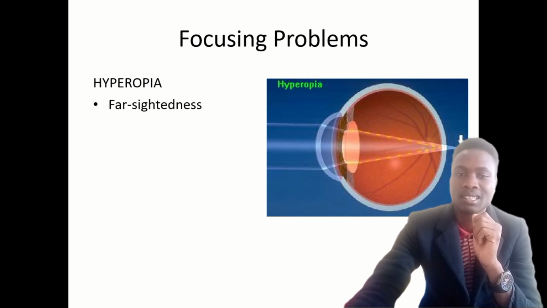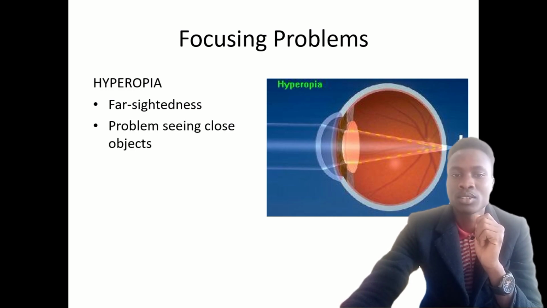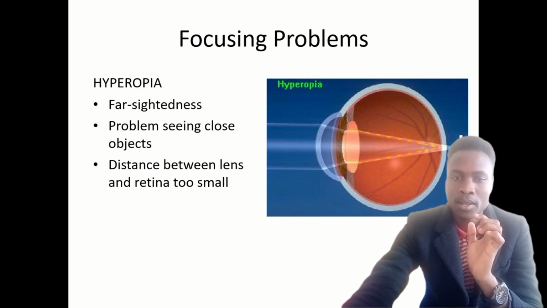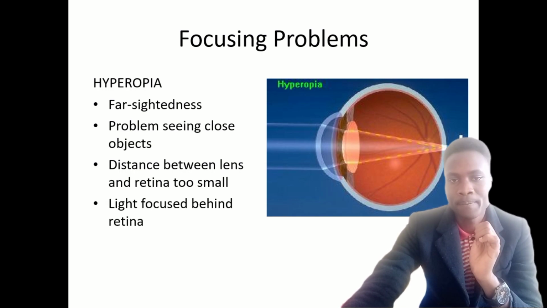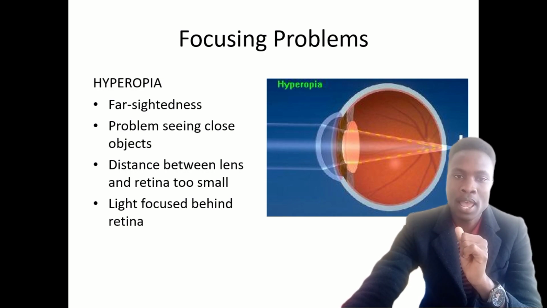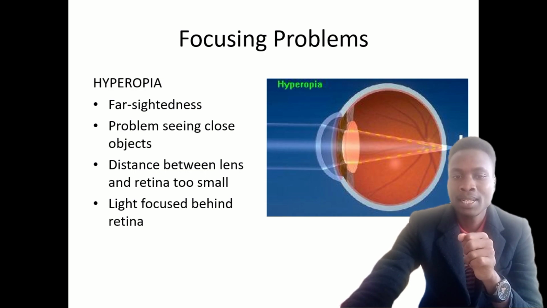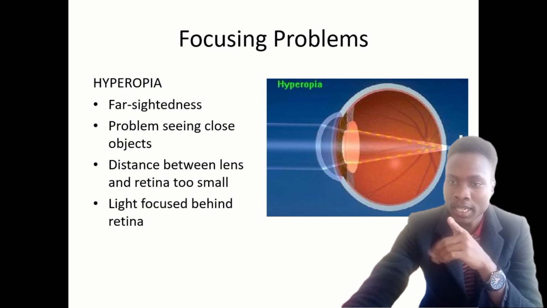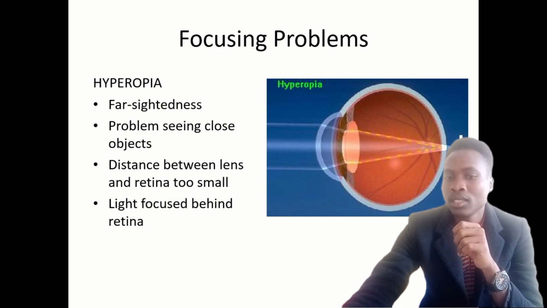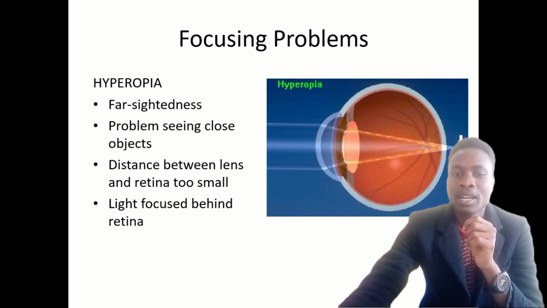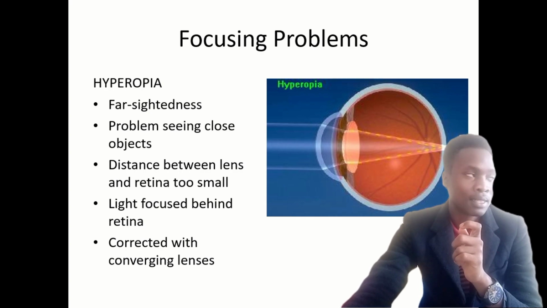That is farsightedness, a problem seeing close objects. The distance between the lens and the retina is too small. Light is focused behind the retina. As you can see, the image is formed beyond the retina, where images are normally produced. It can be corrected by a converging lens.